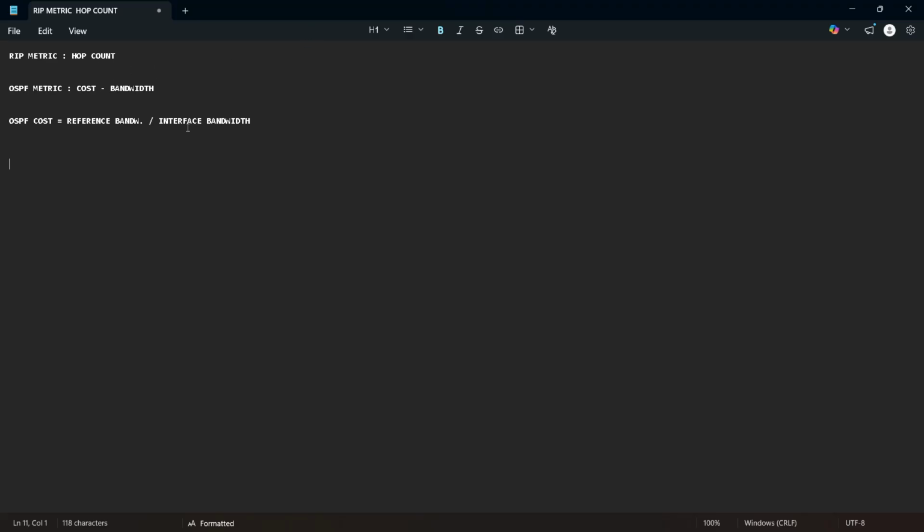Let's understand what the interface types are that we use and what the bandwidth of each is. The interface is Ethernet. The bandwidth for Ethernet is 10 Mbps, right? Then we have Fast Ethernet. The speed of Fast Ethernet is 100 Mbps.